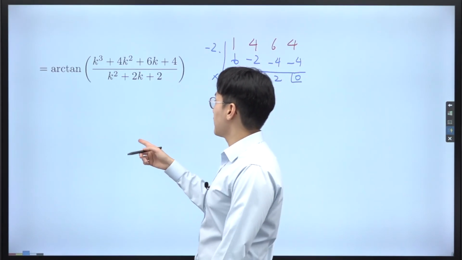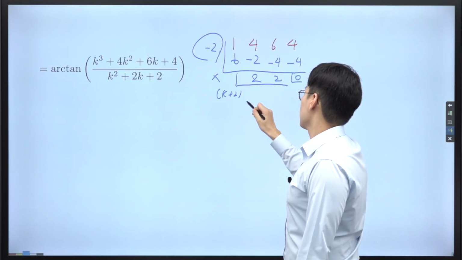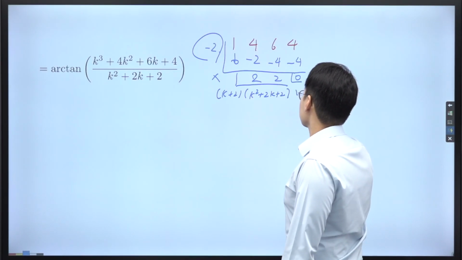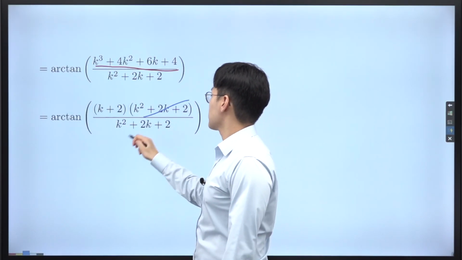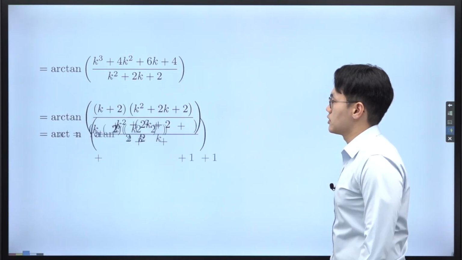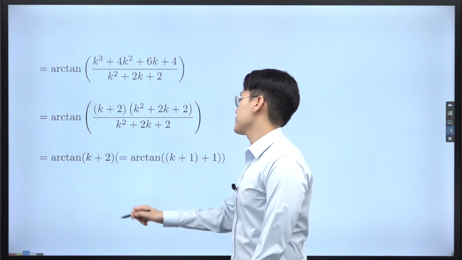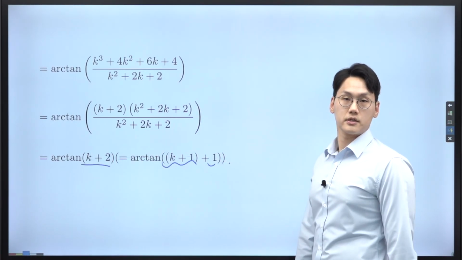So then this is going to be k plus 2, and the second factor is going to be k squared plus 2k plus 2, right? That's great. So here I got the form like that, then I can cancel this one out, no problem. Now I've got k plus 2, just like this, right? Then I can replace the k plus 2 as k plus 1 plus 1, and boom, this is exactly what I have, okay?